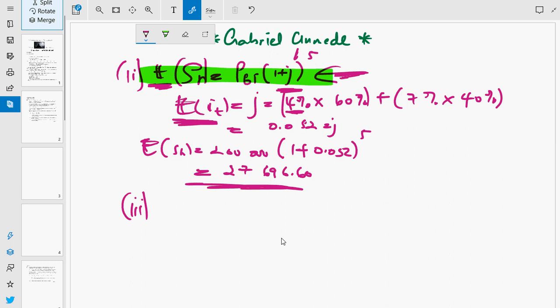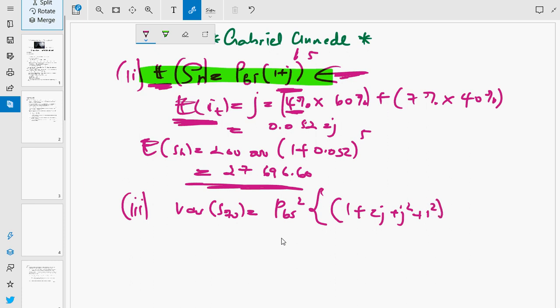Now, the formula for your variance of the accumulated value, you recall, is given by: the variance of S70 is equal to your principal amount at age 65 all squared into 1 plus 2j plus j squared plus s squared to the power 5, and you're going to subtract 1 plus j to the power 2 times 5.